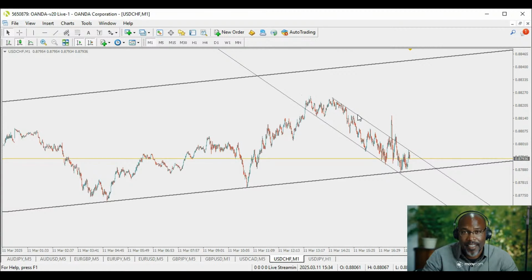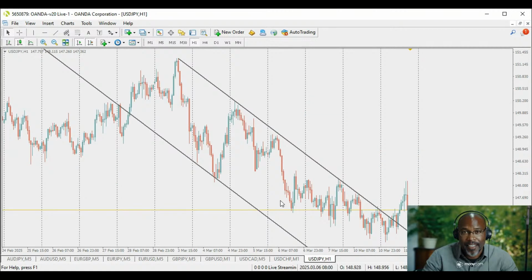And finally, the US dollar Japanese yen is at a support level and nearing another.